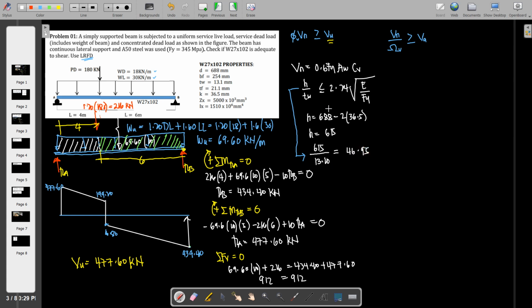While this expression now is 2.24 times square root of 200,000 divided by Fy, which is 345. So this shall give us 24.07.